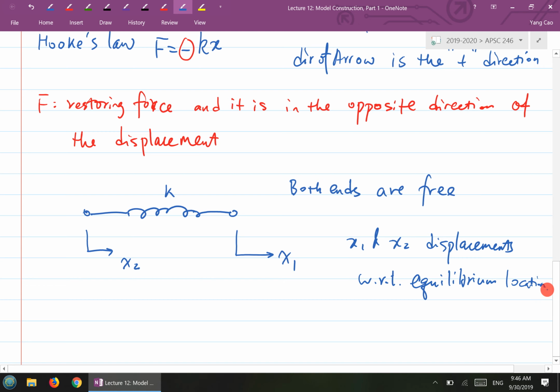Equilibrium basically means the spring is standing still, with one end here and one end here. Now maybe this end starts to move by x1 and this end starts to move by x2. That's what reference to equilibrium means.